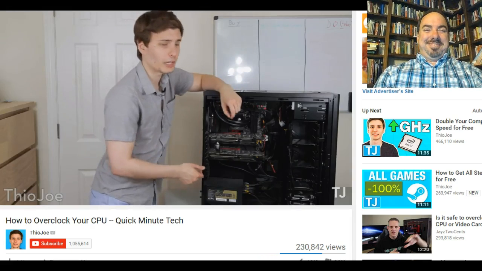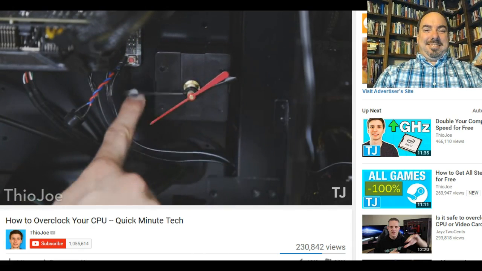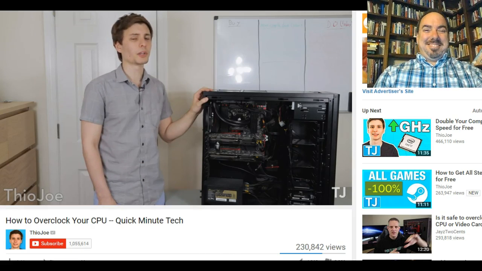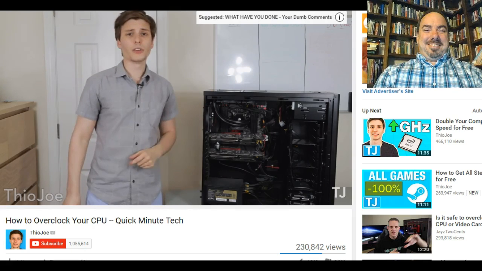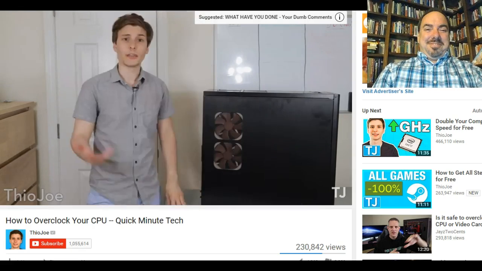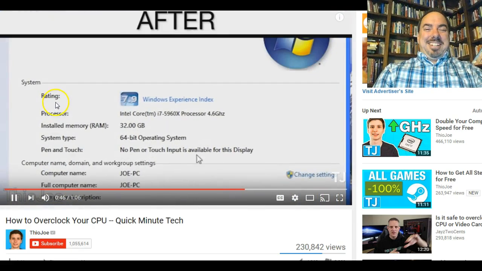That's why it's called overclocking. Once you've found it, move the minute hand 1 or 2 rotations with your finger to get the faster speed. Don't touch the hour hand unless you know what you're doing, because if you overclock it too much, it could damage the CPU. After that, you're done, and you can put the side panel back on your case. And that's all it takes. You can verify in Windows now that you got the increase in frequency. It should be right in your control panel.